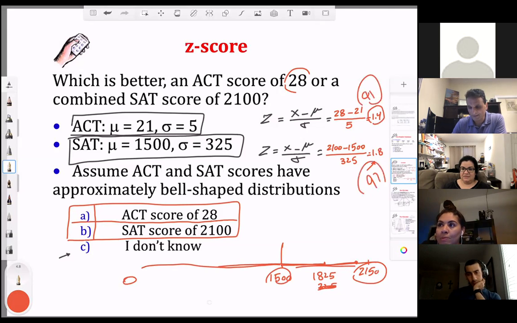Both of them are good, but this is 97%. This is a better grade because you're farther away. Correct, Mariana? You were looking at it differently. Yeah, I was. In this particular question, because Z is higher, the grade is much better. You're closer to getting a perfect score. So B is correct.